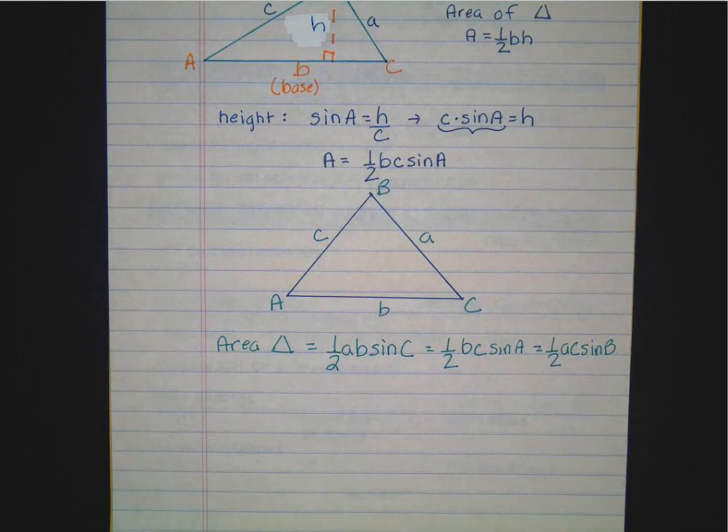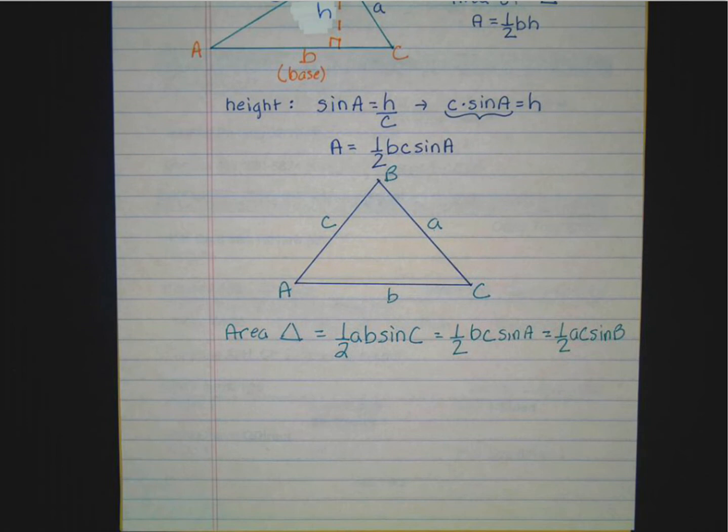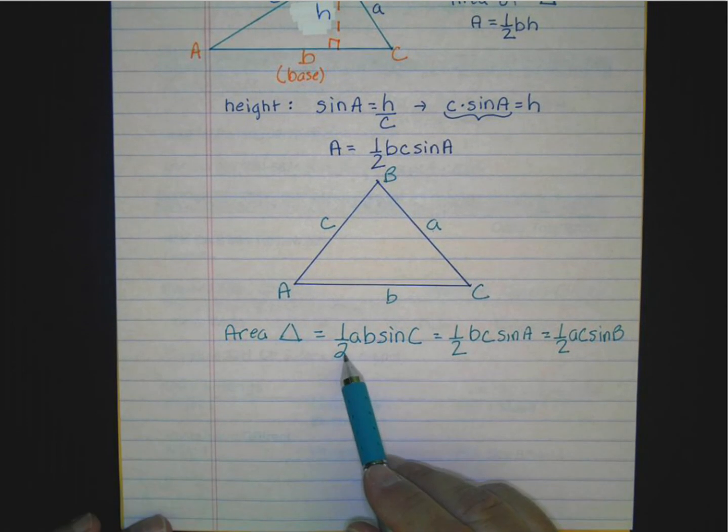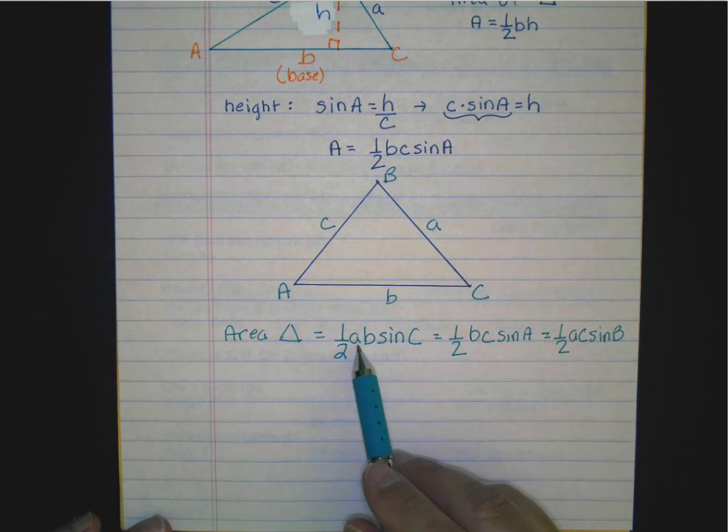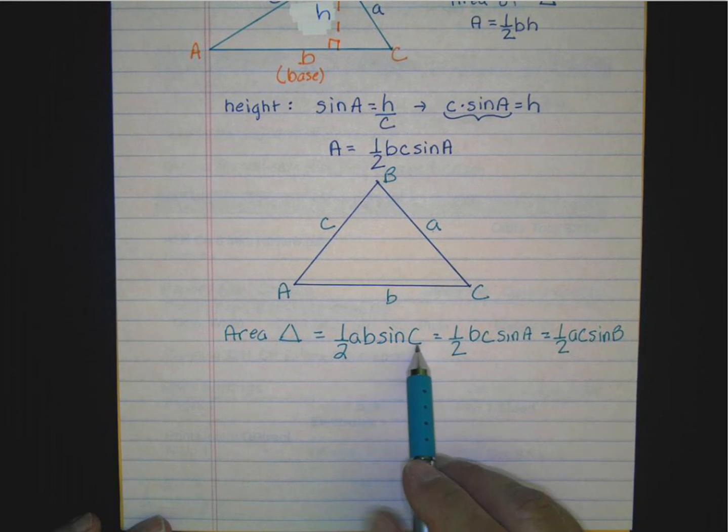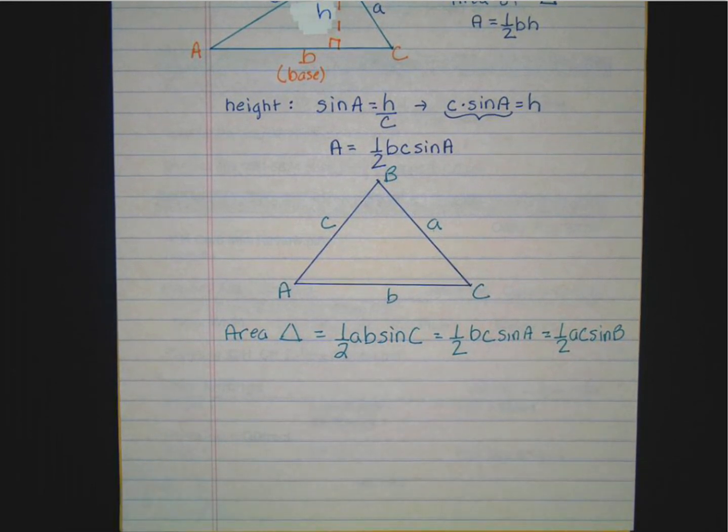So what you're saying is the area of a triangle is half the product of any 2 sides and the sine of the included angle. That's it. That's all you're doing to find that.